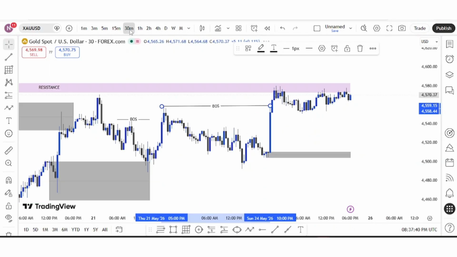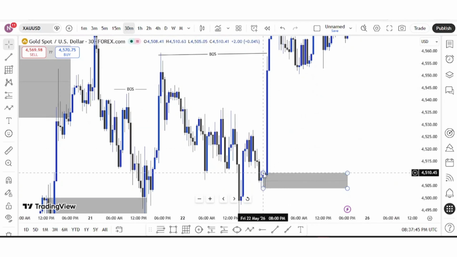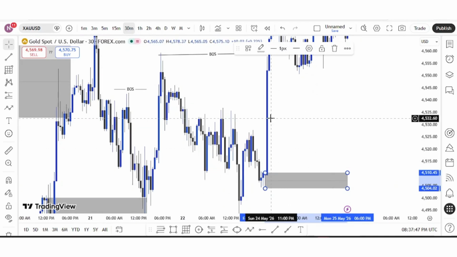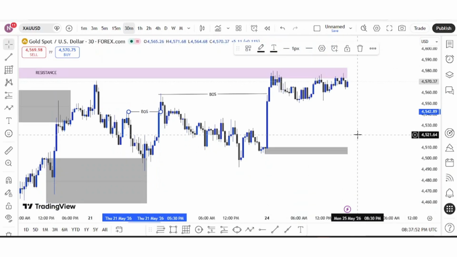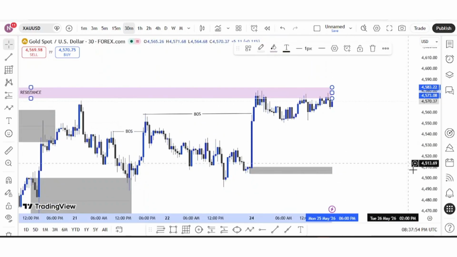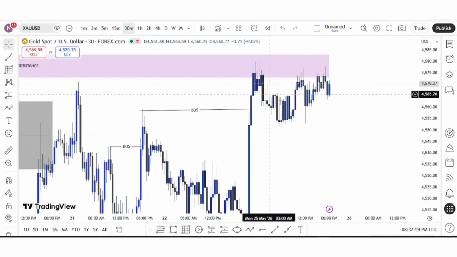So we move down to the 30 minutes. From the 30 minutes, we also need to pay attention to what price is doing from that resistance level, the internal structure that price is creating.